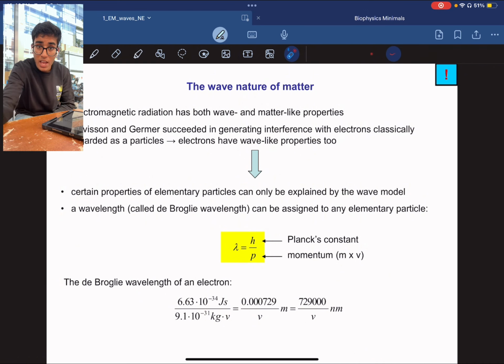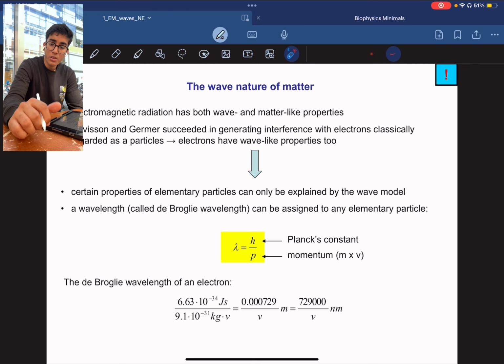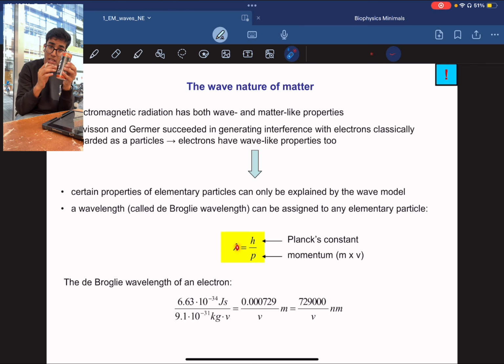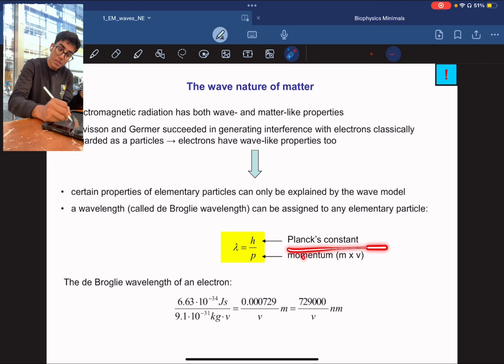To find the wavelength of those waves, all we need to do is h by p. So I can find the wavelength this is emitting right now. We know h is 6.63 times 10 raised to minus 34, and momentum is mass times velocity.